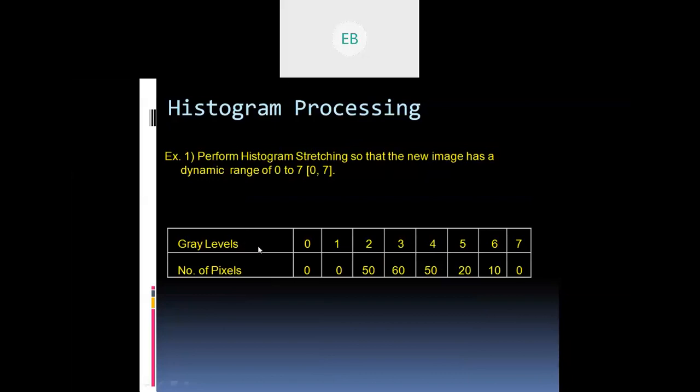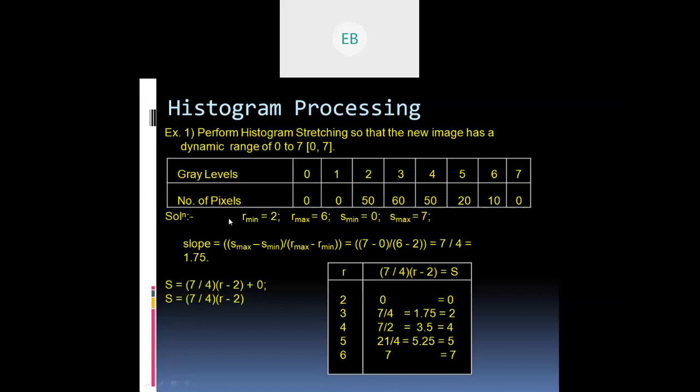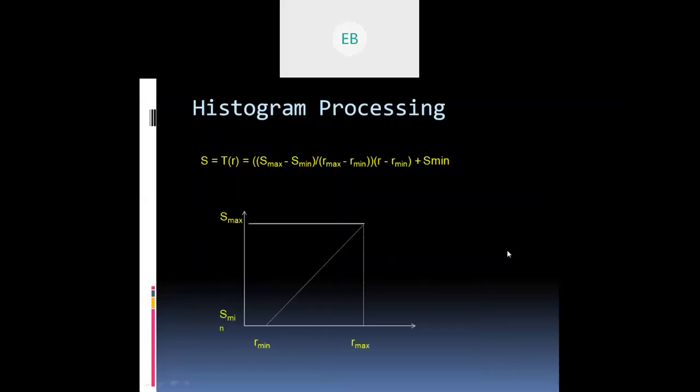So what did we do in this sum last class? Suppose the image given has intensity of 0 to 7, that is gray level values from 0 to 7, and for each gray level these are the number of pixels. How did we calculate the histogram stretching to get a new image? The solution is: R minimum, R maximum, S minimum and S maximum values are already given.